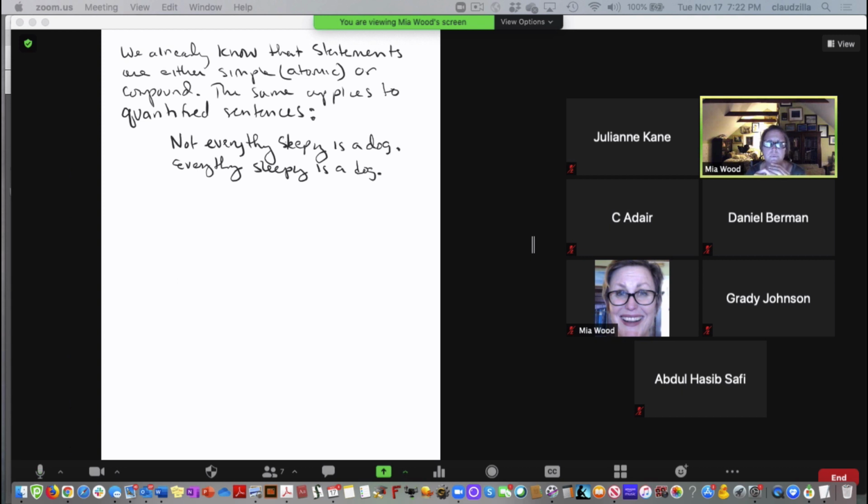So we've got simple and compound, that is, atomic or compounded by a connective, also with the quantifiers.